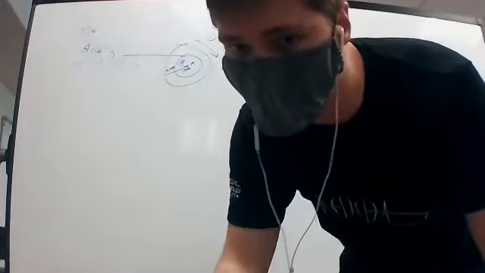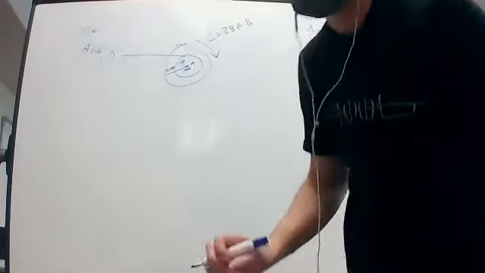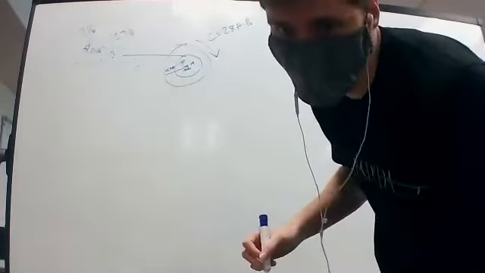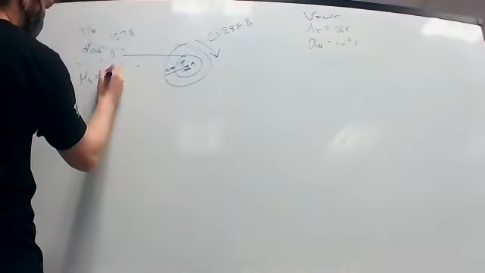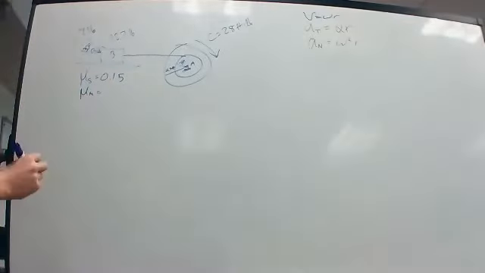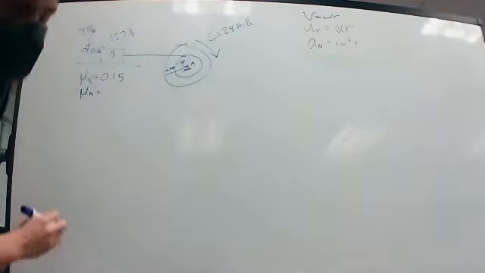We are given the weight of the block as 112.7 pounds. We know that mu sub S is 0.15 and mu sub K is 0.05.